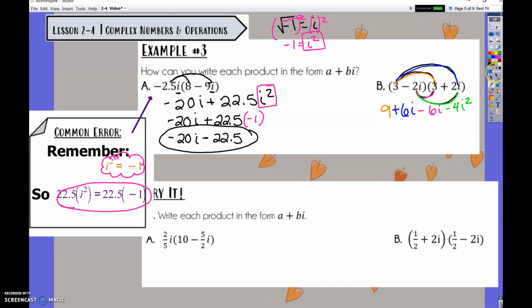We can see these middle terms. They're going to cancel because 6i take away 6i will go away. So I'm left with 9 minus 4i squared. But every time you see an i squared, you're going to replace that with negative 1. So I'd put in negative 1 down here in place of my i squared. 9 minus 4 will carry down.